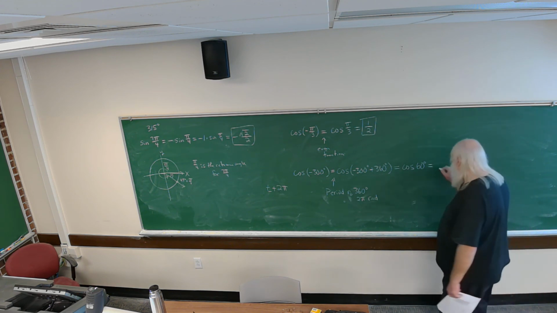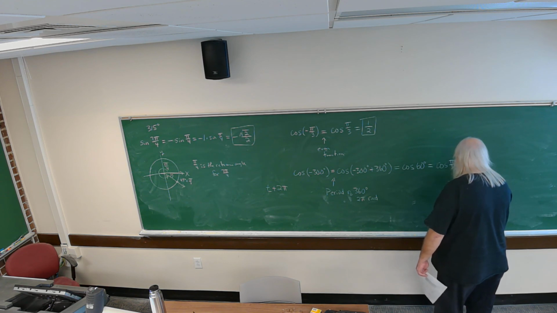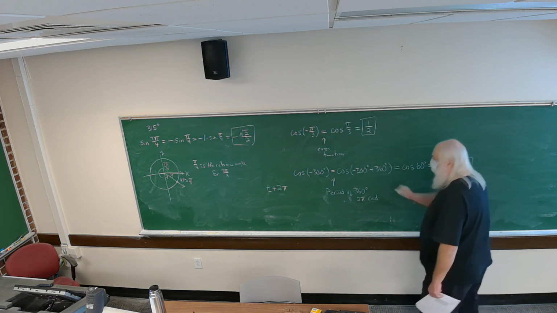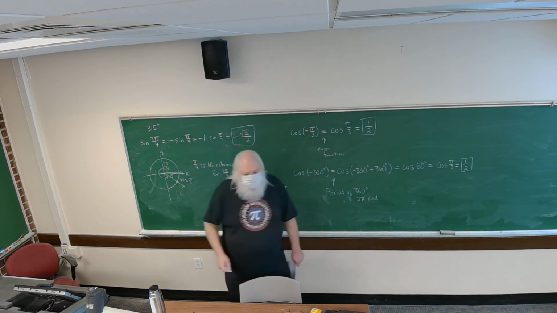Pi over 3, right? And the cosine of pi over 3 is? So the cosine of minus 300 degrees is equal to 1/2.